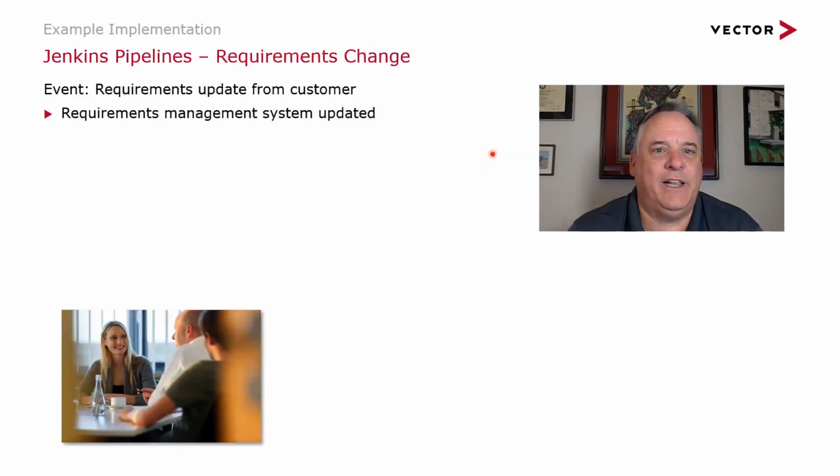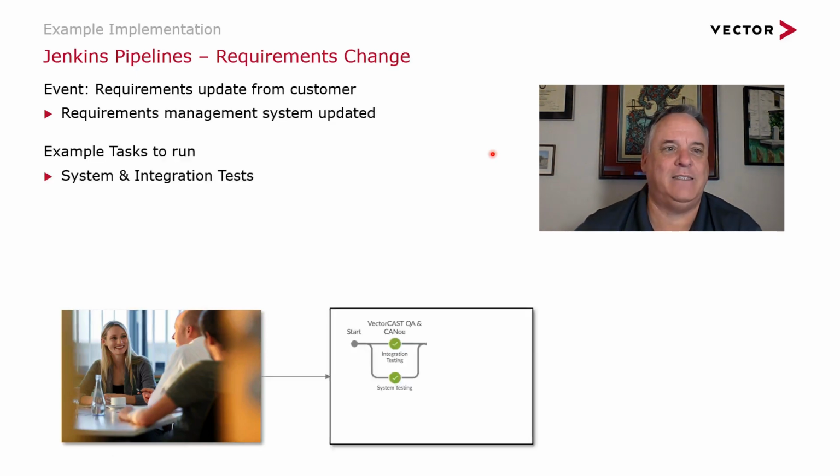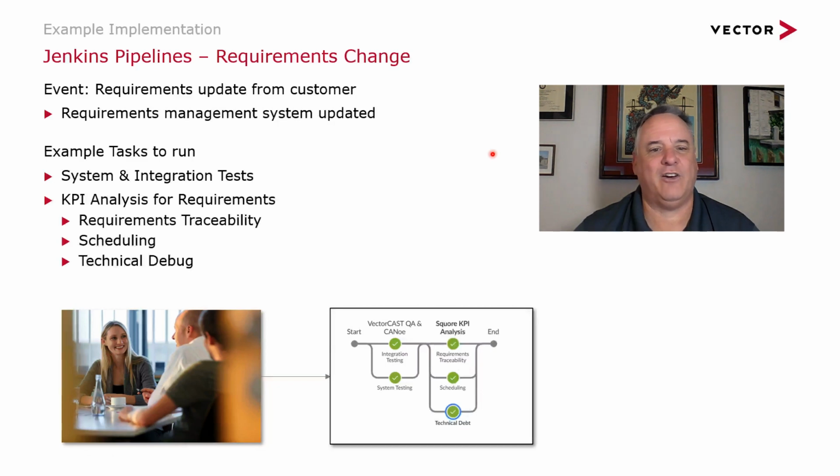In this case, we're getting a requirements change from a customer. We can see our systems engineer down here. She's really happy to get these additional requirements from the customer. So she's going to go in and update the requirements management system. And once she updates that, we'll get a run of system and integration testing. That'll be using the tools that we've specified already.